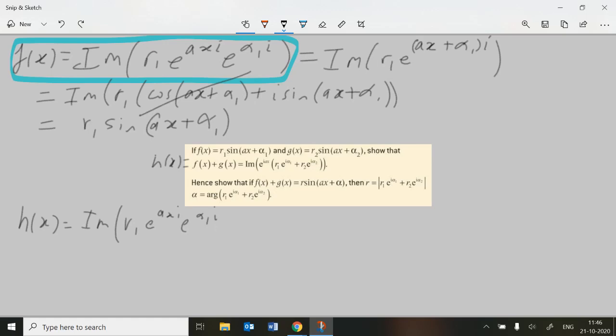Now we can actually combine both of those two things together, no problem, because essentially this is just r cis theta. We've got another r cis theta, but they both expand out.